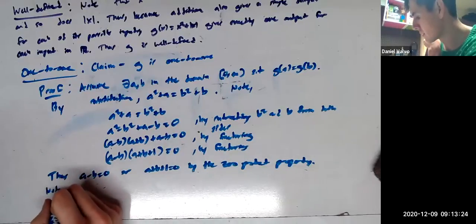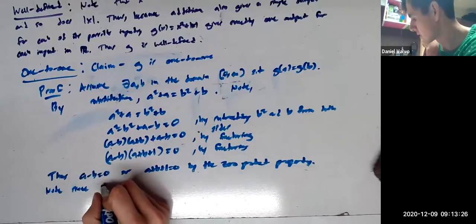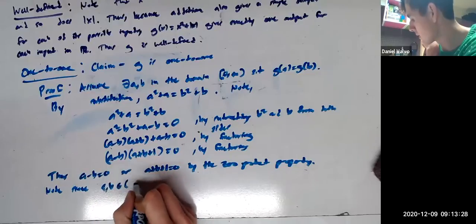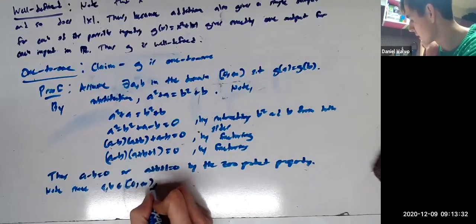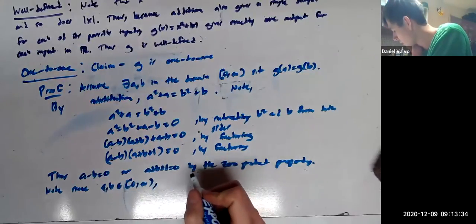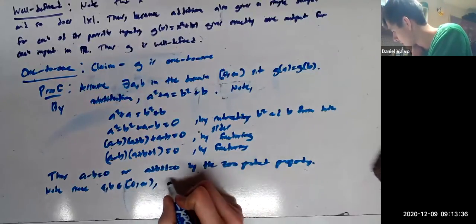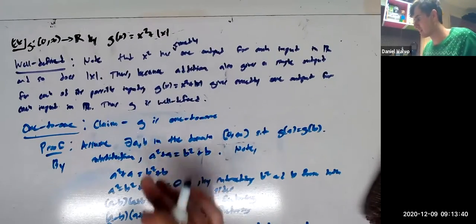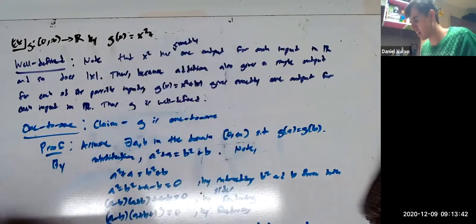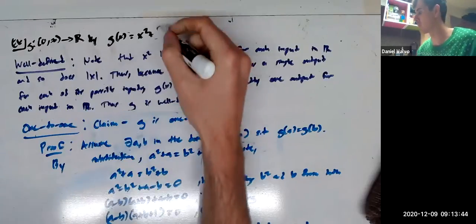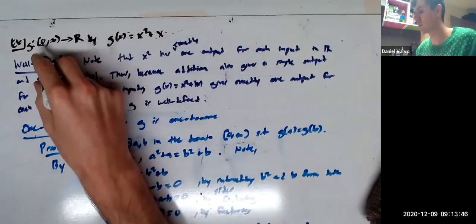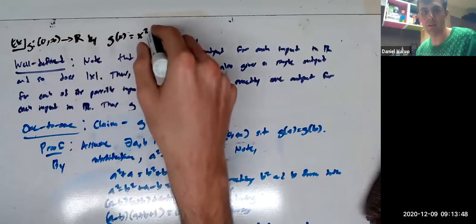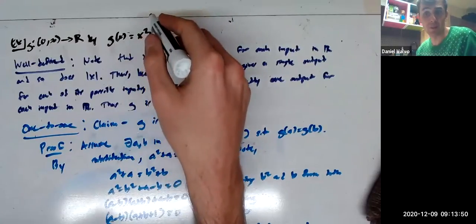Note, since a and b are in the set 0 to infinity, we have that. Oh, by the way, I forgot to mention that this absolute value meant something before when there was an R here, but it means something now because when you're in positive real numbers, the absolute value of x always just equals x.